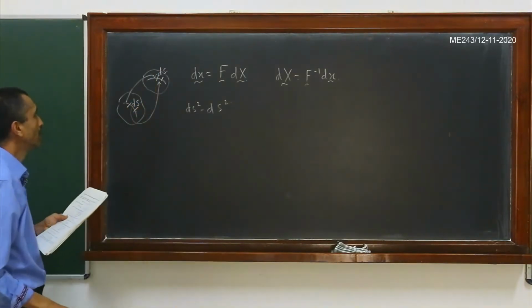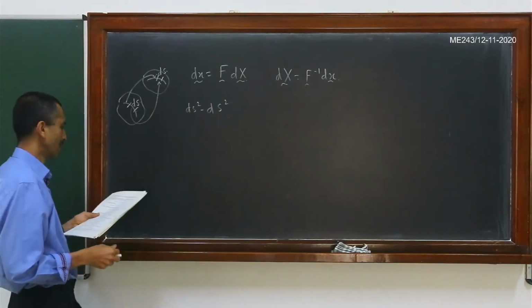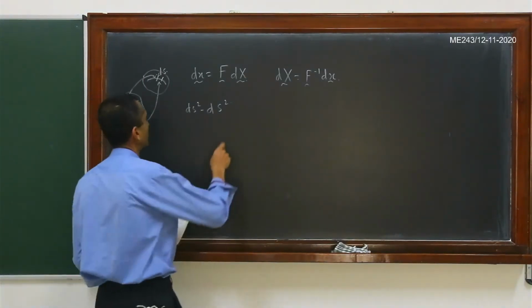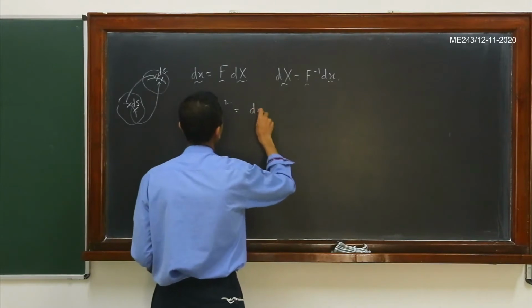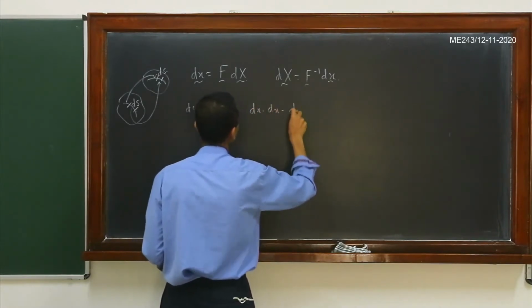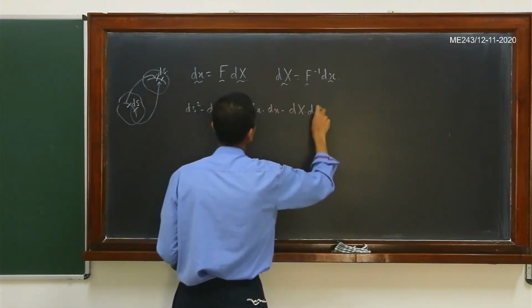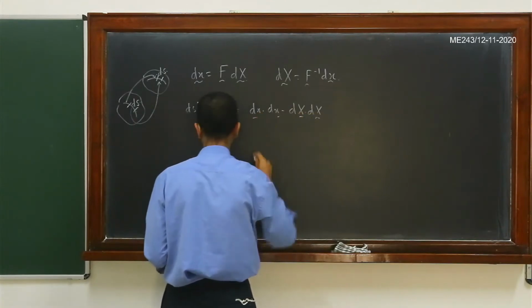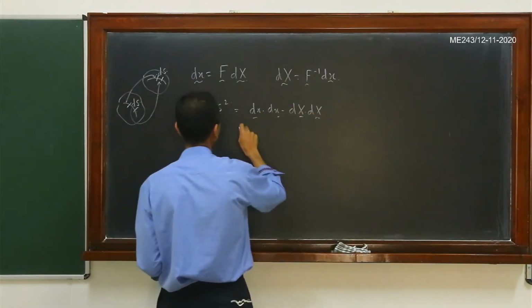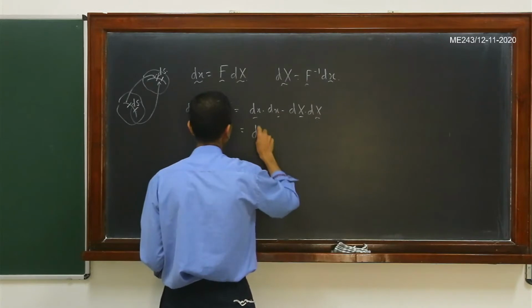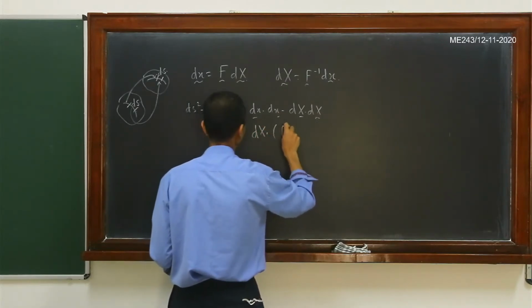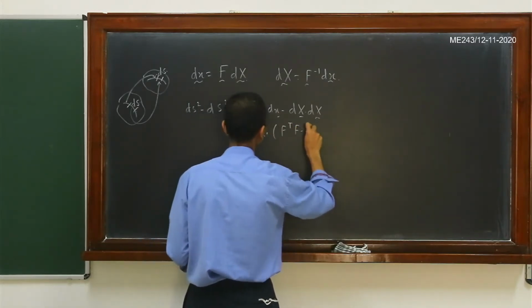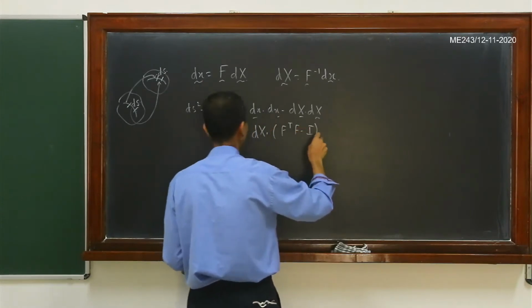So the change in length we can express in the following manner: ds squared minus dS squared is equal to dx dot dx minus dX dot dX, and this we can write as dX dot (F transpose F minus identity) times dX.